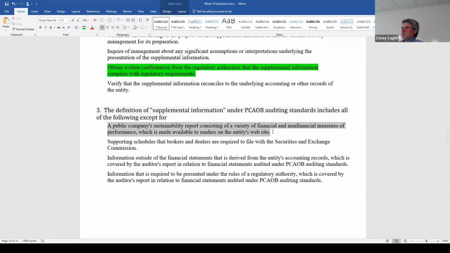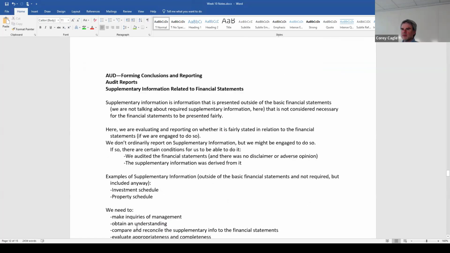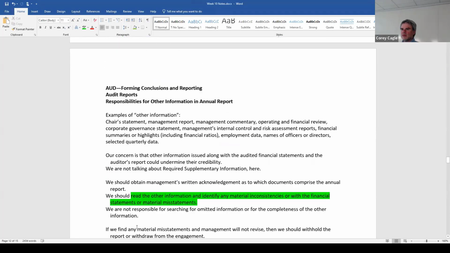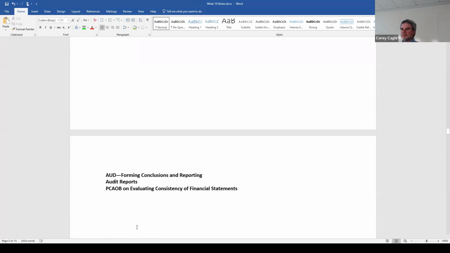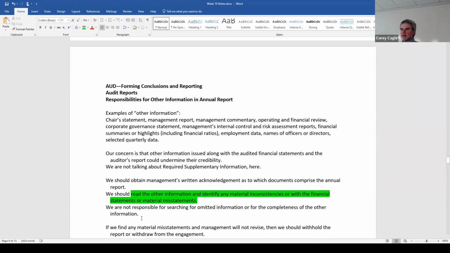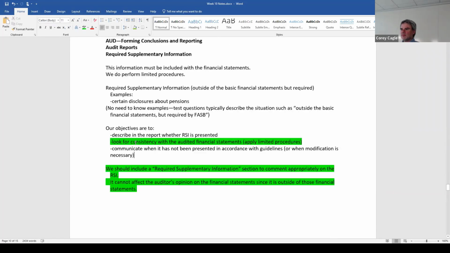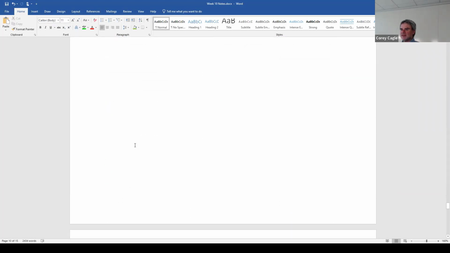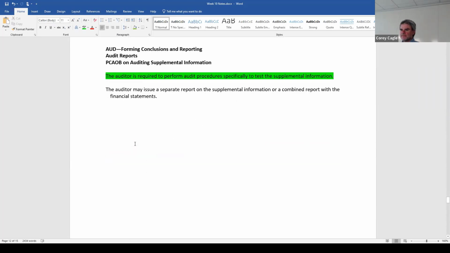That would kind of fit into that category. It's not really supplemental information that ties into the financial statements or anything like that. Okay, that's that.